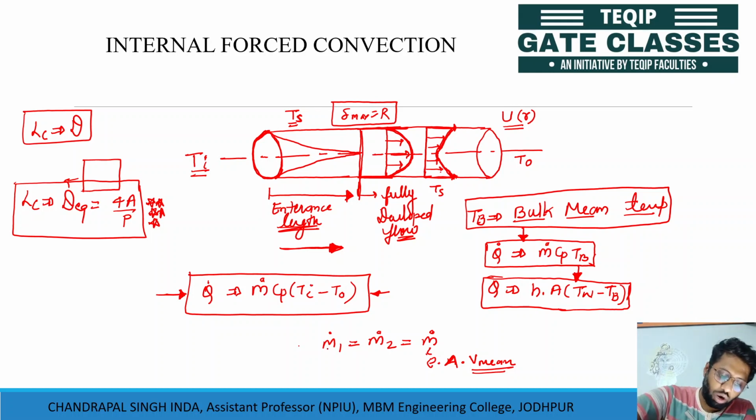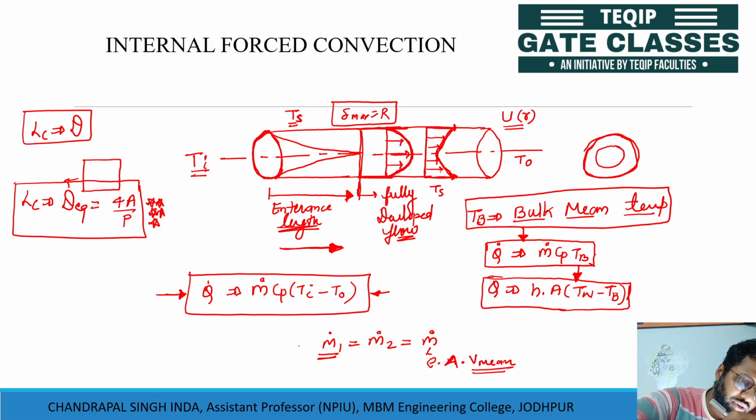So how are we going to find this mass flow rate, m dot 1 or m dot 2? Let's consider a small elementary cross section, and this is a small elementary area, and this is varying in the r direction.